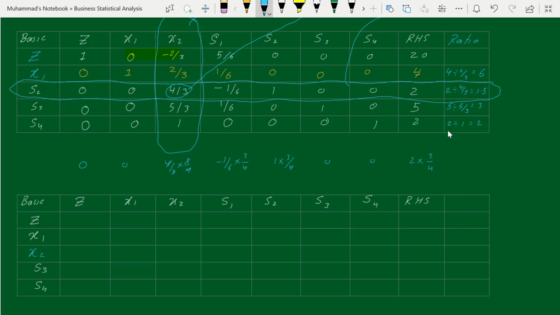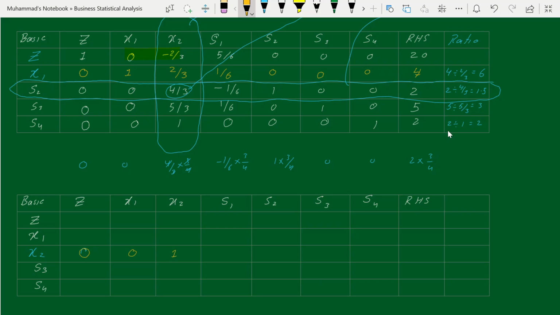Okay, so now we can write down the new equation in here, which will look like that. Here we have 0, and then 0, and then x2 becomes 1.